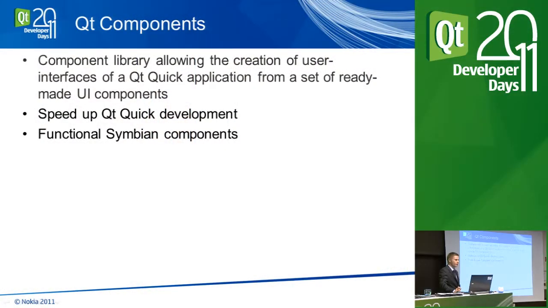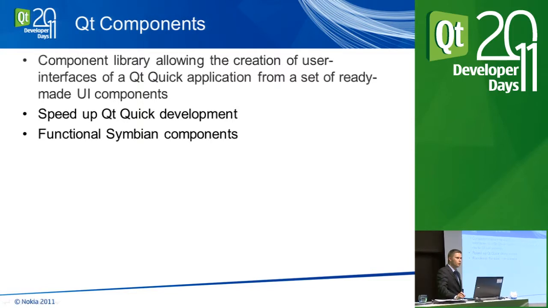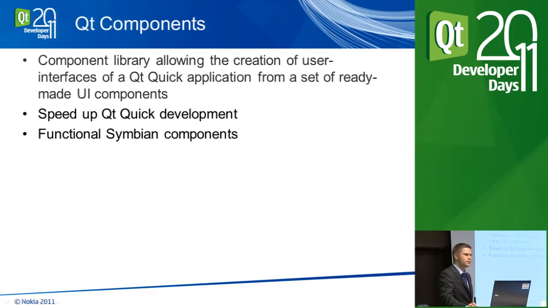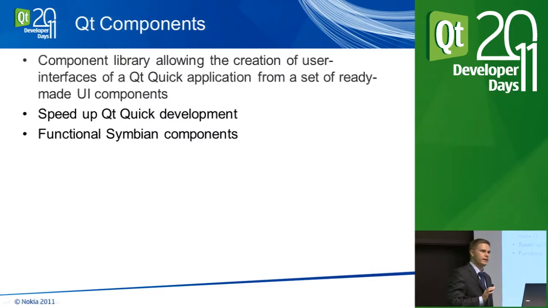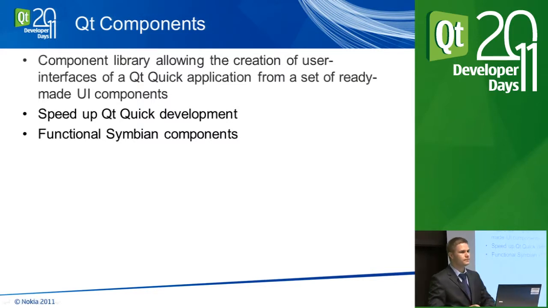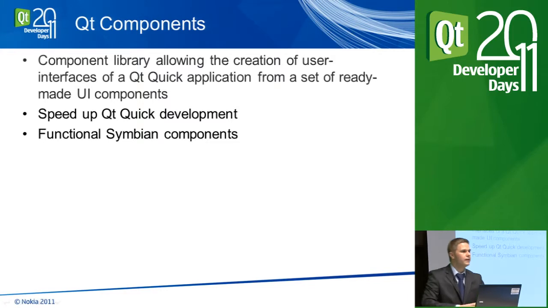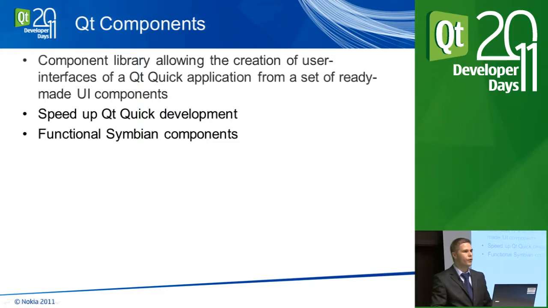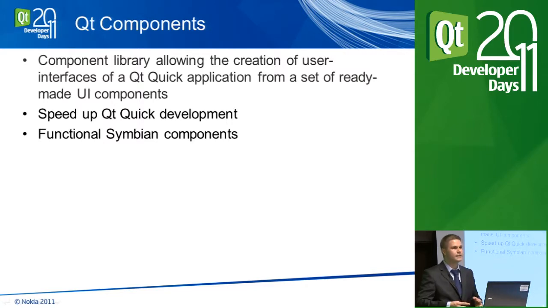Let's go to Qt components. So what we have discussed previously is basically a setup to why we want components and why we want to use them the way that we do. First of all, Qt components is a component library that provides you with a number of components that you can use to design your user interface, so that you don't have to implement every element by yourself.